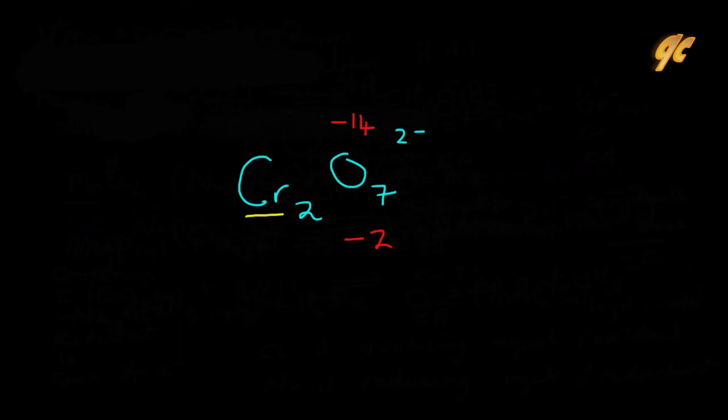Therefore, chromium must have an oxidation state of +12. +12, take 14, is -2. There are, however, 2 chromiums in this. Therefore, each chromium itself must have an oxidation state of +6. And it is the +6 that you would quote if you were going to give the oxidation state for chromium in dichromate.